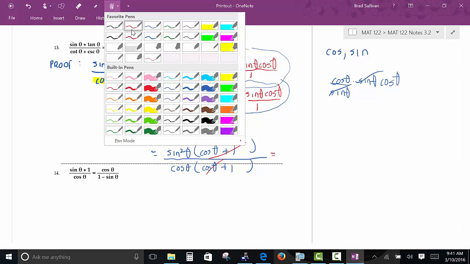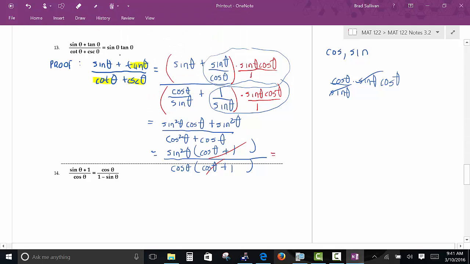And this is probably a point in time where it's a good idea to look at what you're trying to prove. You're trying to prove a sine tangent. Right now we have left sine squared theta over cosine theta. I see a sine. Do you see a tangent embedded in that expression? Yes, you see a sine over cosine, right?